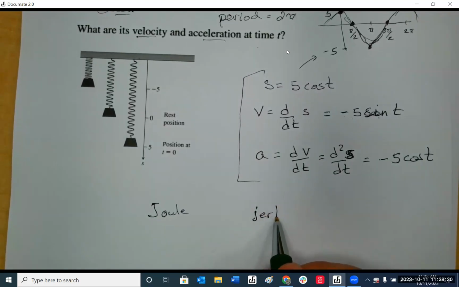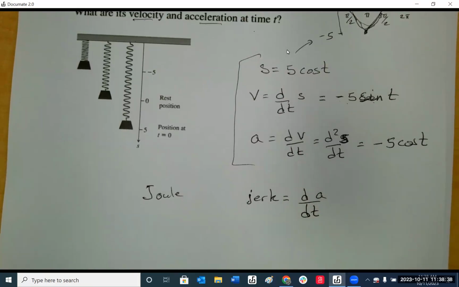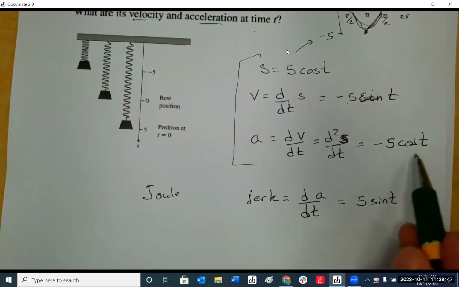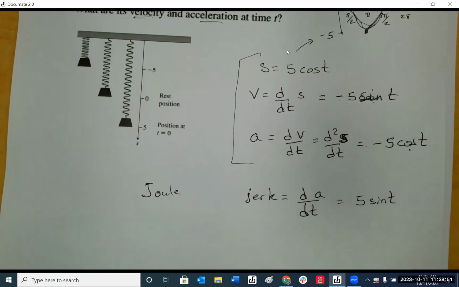The jerk is simply the derivative of the acceleration. The derivative of cosine is negative sine. Negative times negative makes positive, so that's the jerk at any time t.